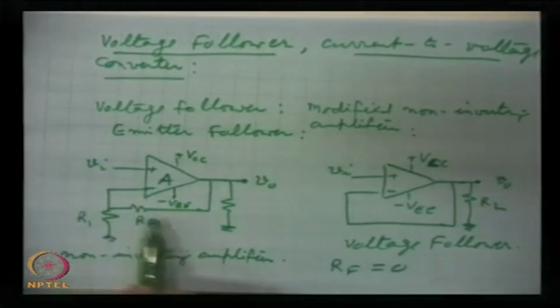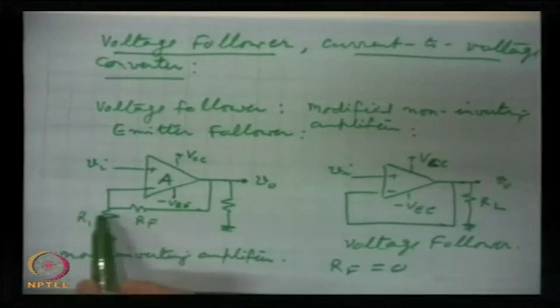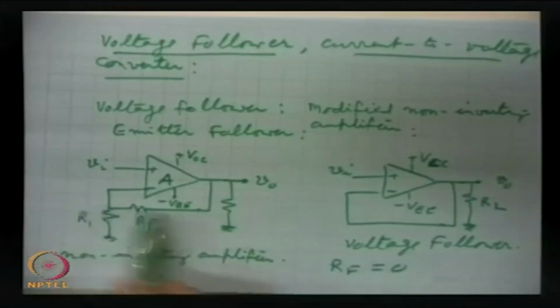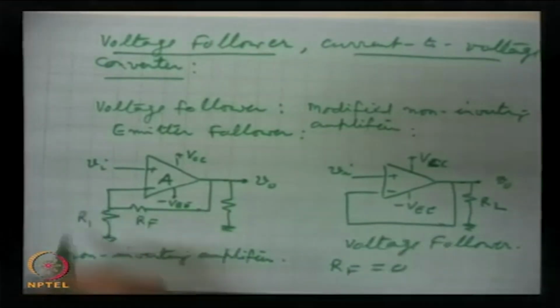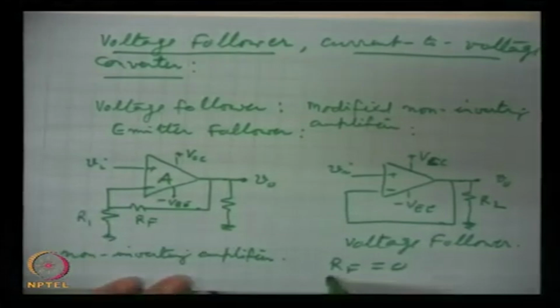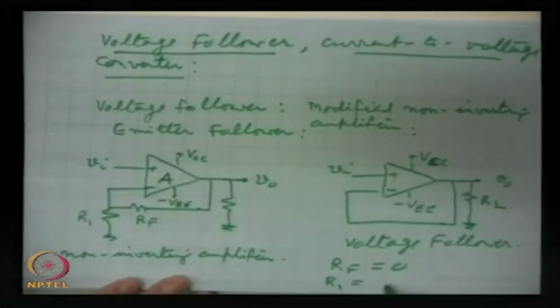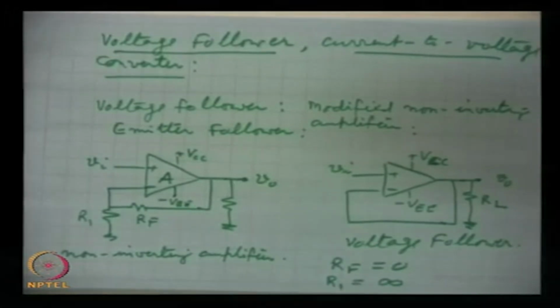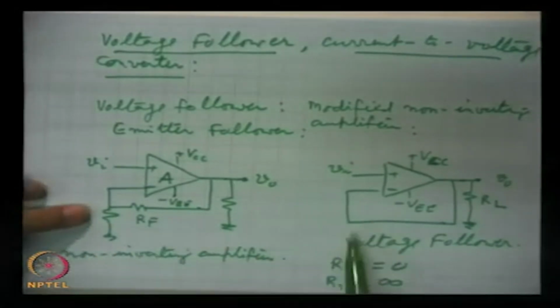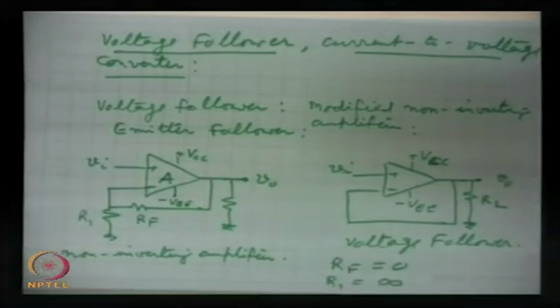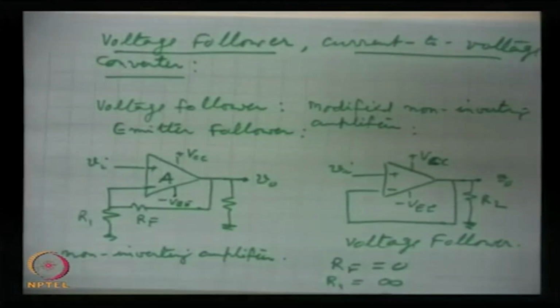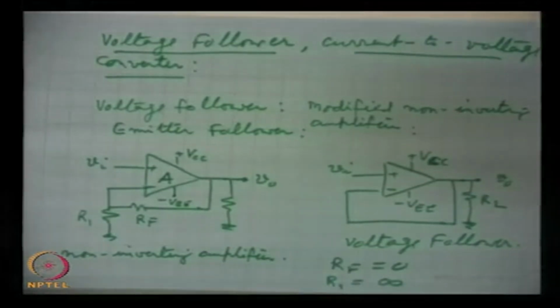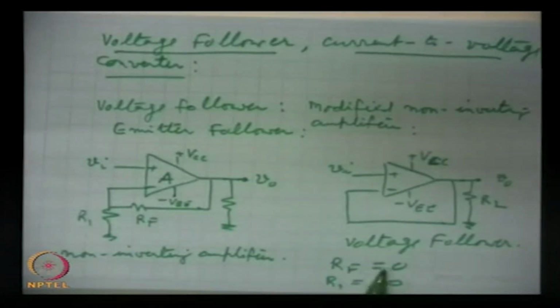This RF has been made 0, so it is just a connector here, and R1 is taken as infinitely large, a very high value. So, not there. A gap is infinite resistance. So, R1 has been taken infinite and RF has been taken 0.